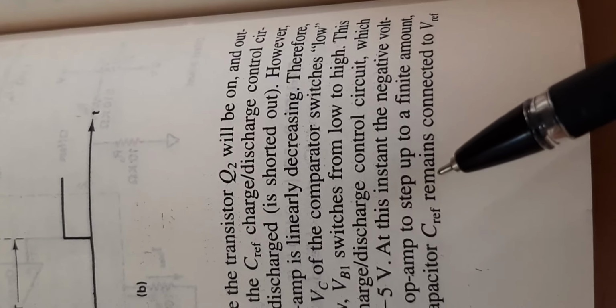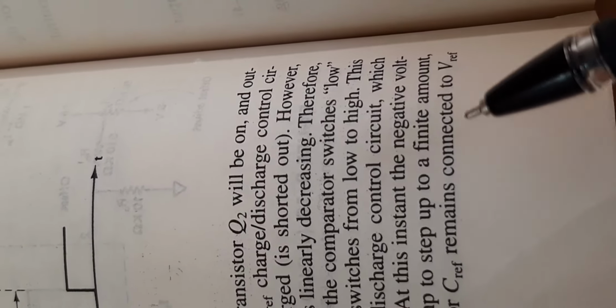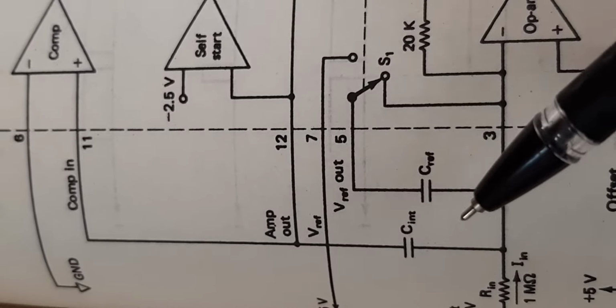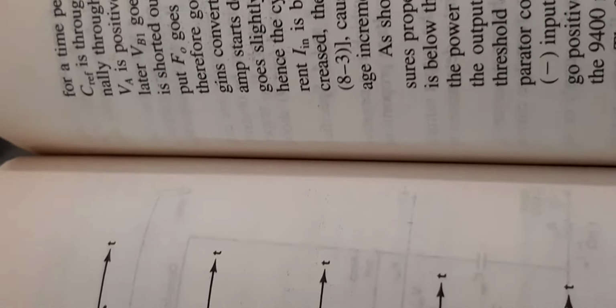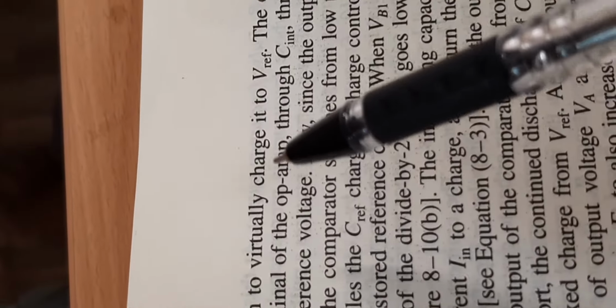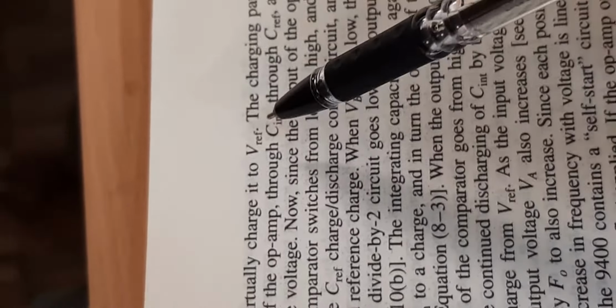The reference capacitance C reference remains connected to V reference, this minus 5 voltage, for a time period long enough to virtually charge it to V reference.